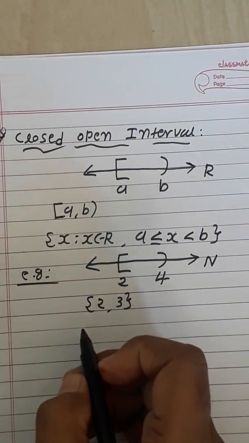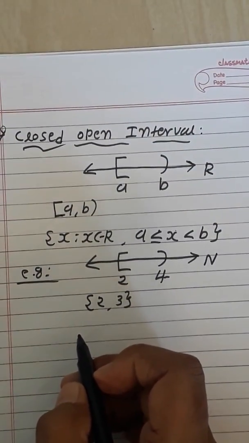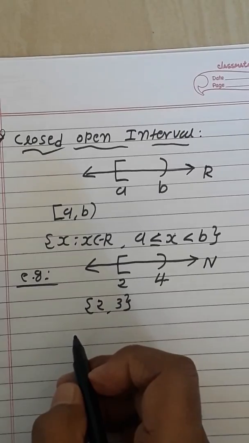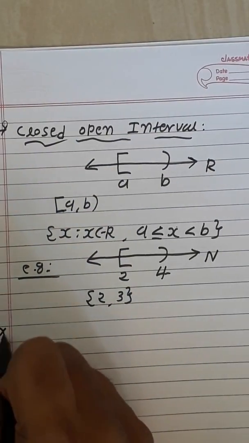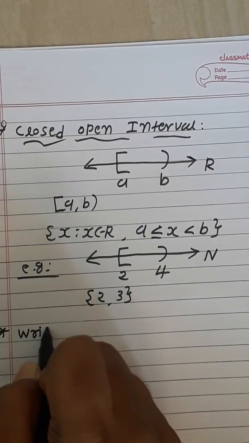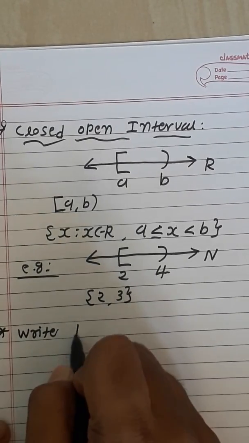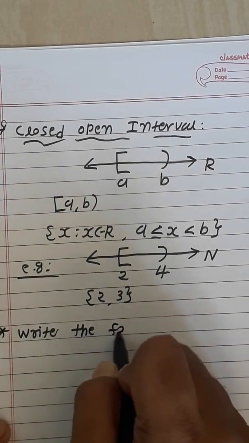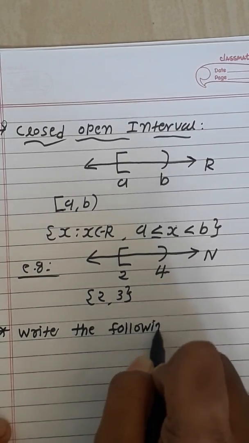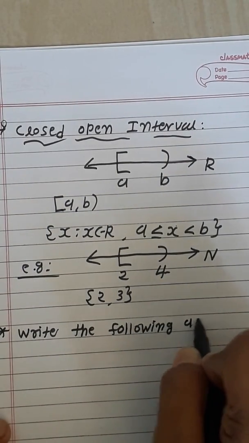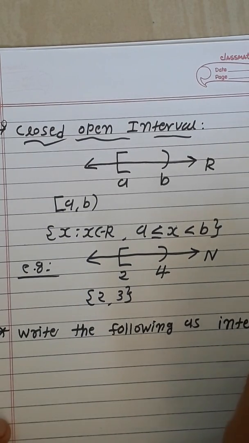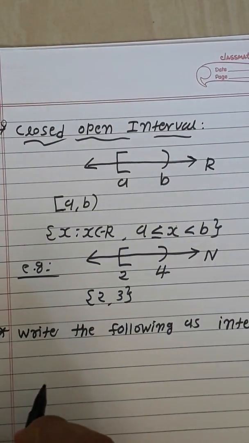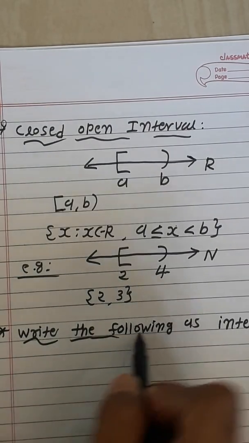Okay, now let's discuss some examples. Write the following as an interval. Here we only mention the interval.